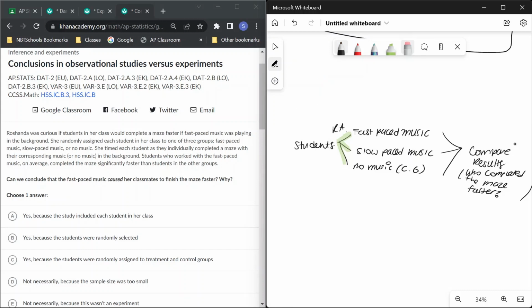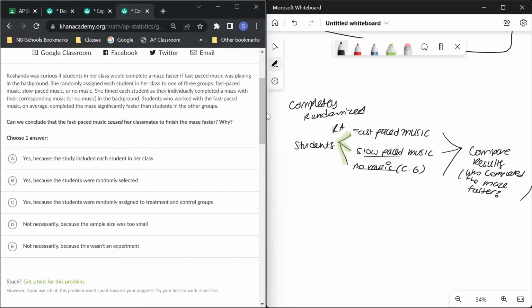I just think it's completely randomized, because we're taking straight out of the population, and it's random assignment, and then assigning them to a treatment. These are not blocks. Okay, completely randomized.